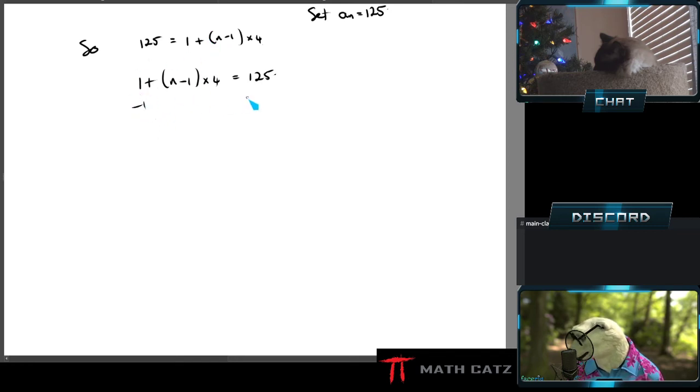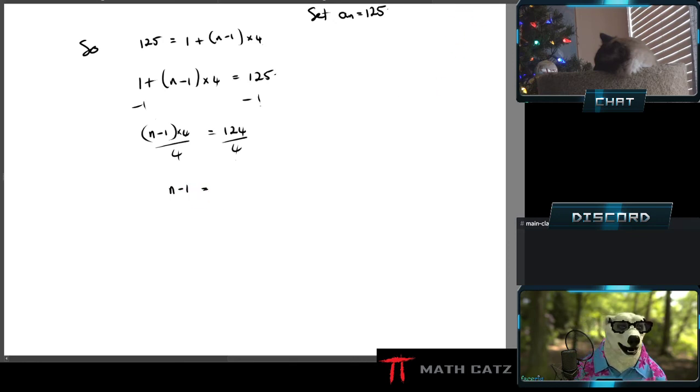So I'll subtract 1 on both sides to get n minus 1 times 4 equals 124. Then I'm going to divide by 4, and maybe I feel, ooh, MathBot, I need your help. I don't know in my head what that is. Maybe you do. Doesn't matter. Either way, just make sure you find the right number.